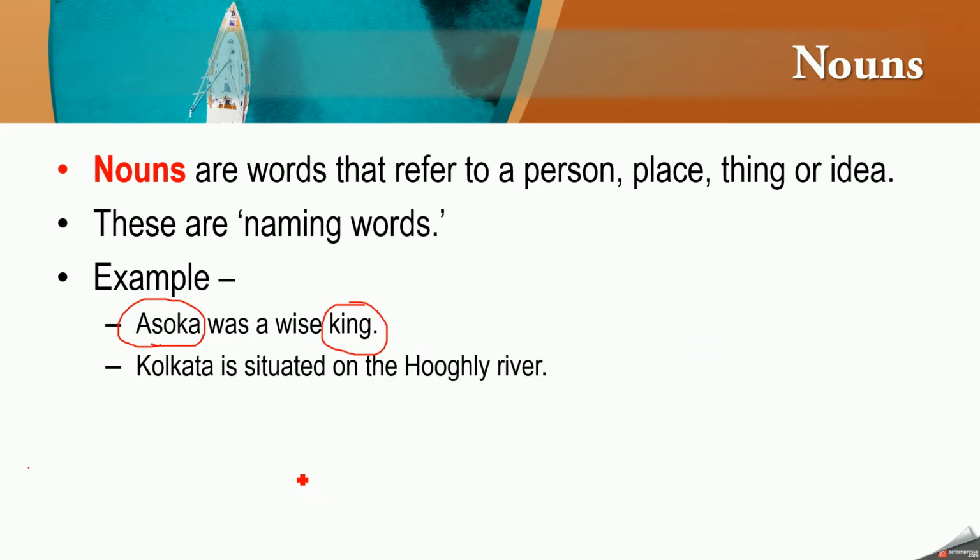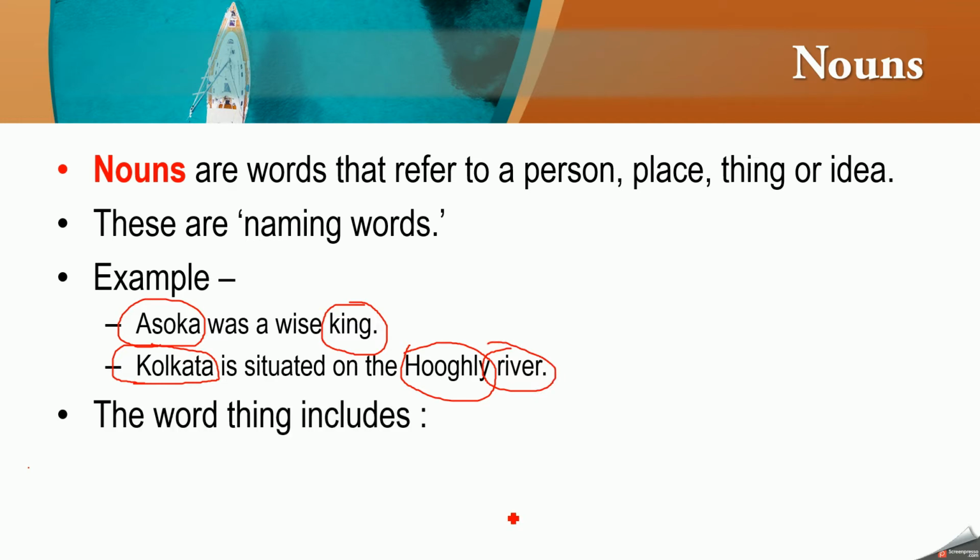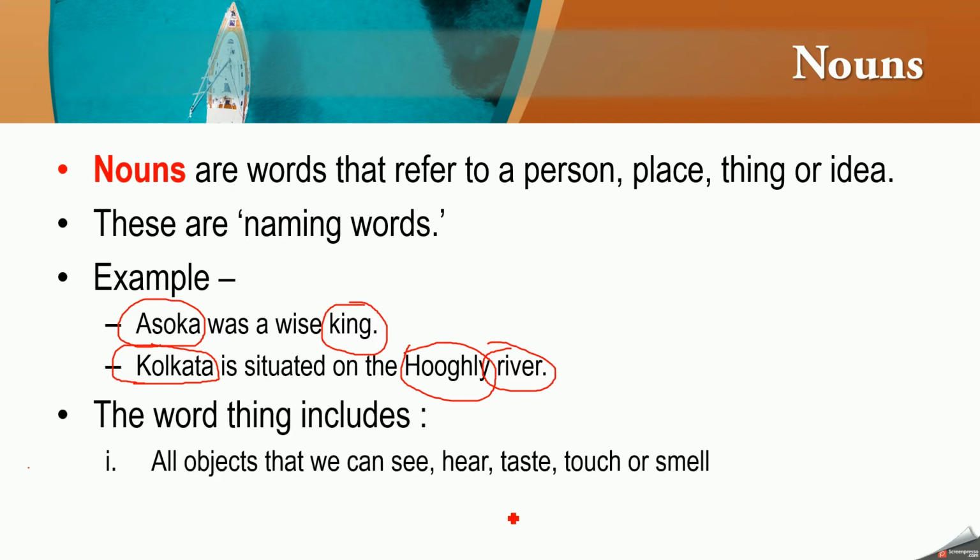Similarly, Kolkata is situated on the Hooghly River. Kolkata, Hooghly, and river, these three are nouns. The word thing includes all objects that we can see, hear, taste, touch, or smell. That is, all those types of things.